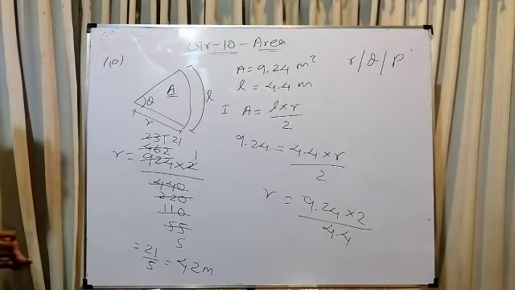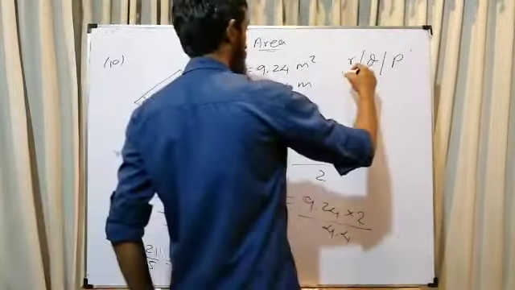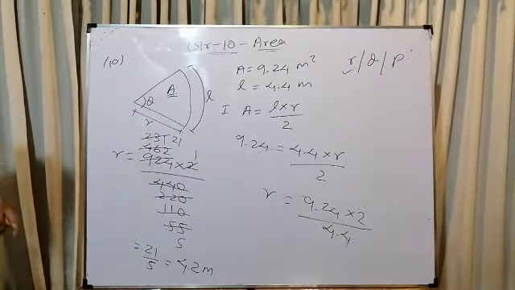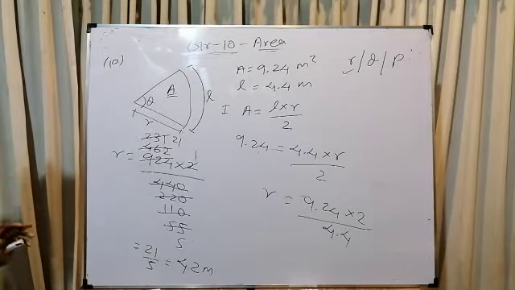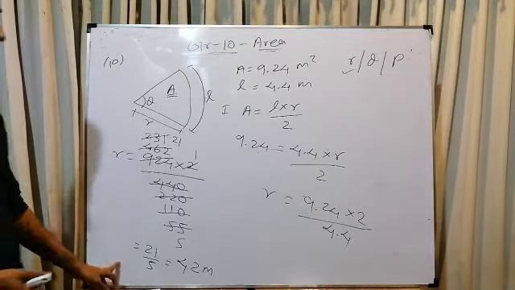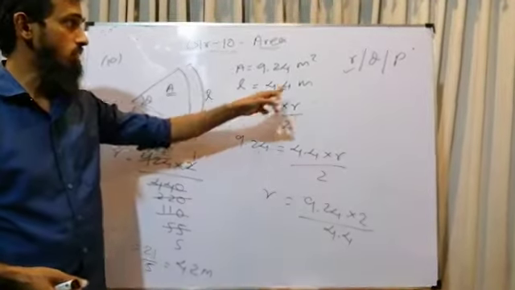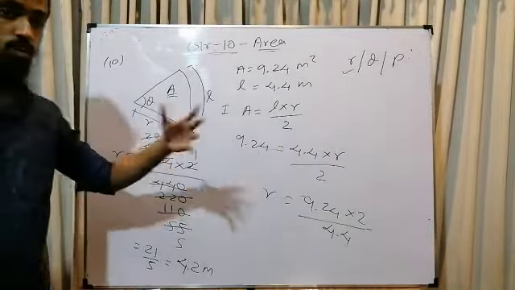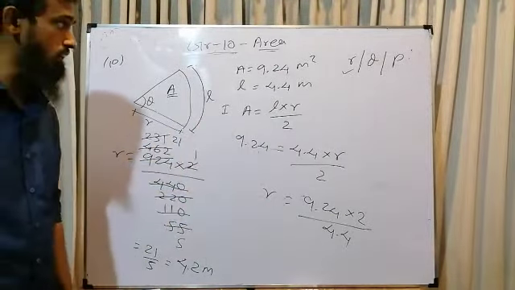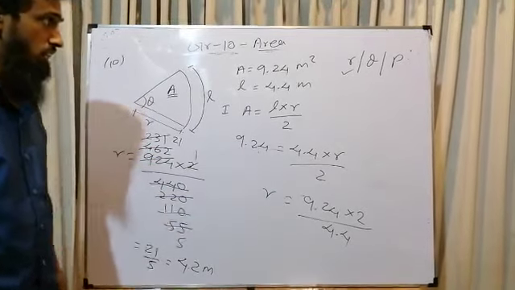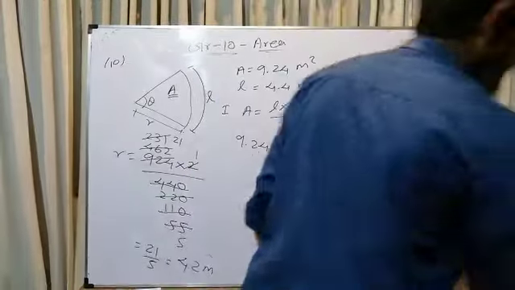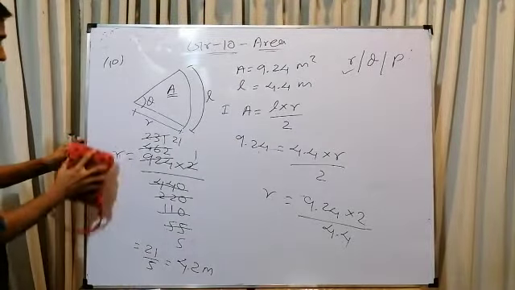Okay, now in the first part we found the radius. Now that we have the radius and the arc length, we can go for theta. We have a formula for theta with L, so we can use that formula, or we can create a formula another time.